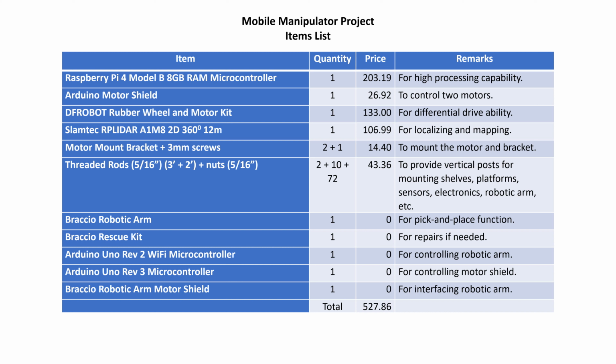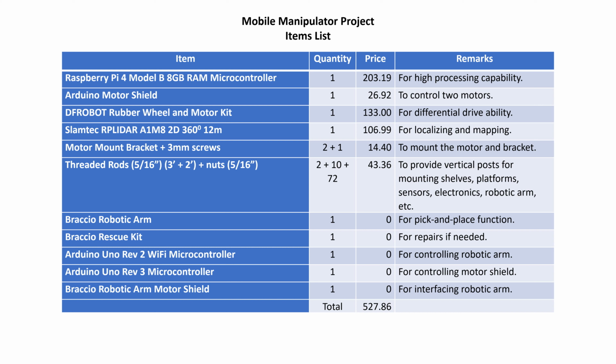So far for this project, I purchased a Raspberry Pi 4 Model B 8GB RAM microcontroller because I need a high processor to perform the complex tasks that a less capable processor will struggle with, or maybe not even be able to perform.